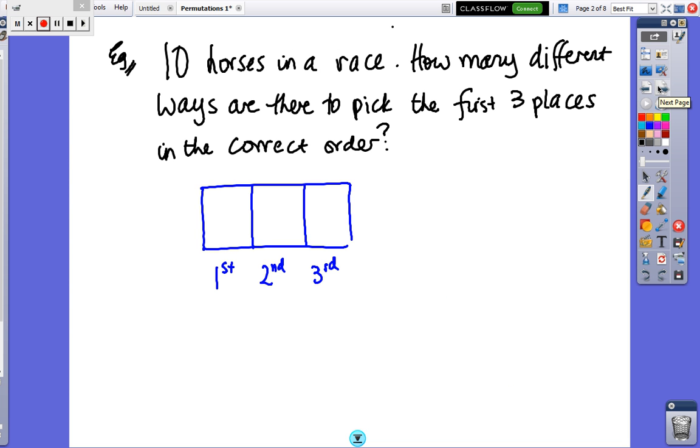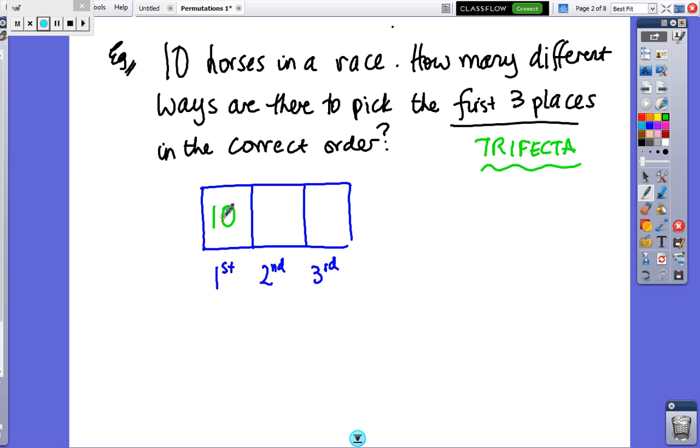For instance, we've got 10 horses in a race, and we want to pick the trifecta. When you pick the first 3 in order, that's called a trifecta. So the order is important, and you can think about it in a box approach. There are 10 different horses that you could pick for first place.